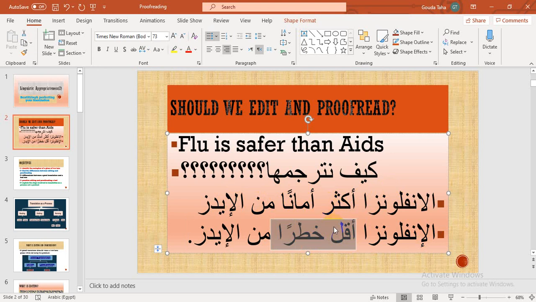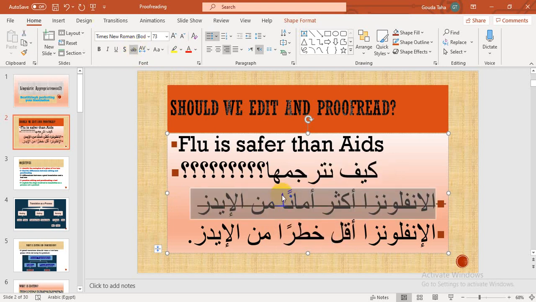Why? Because the translation of the text must be as accurate as possible to the meaning embedded in the source text. So how can we get this translation and how can we avoid this translation? This is the main focus of our today's session.